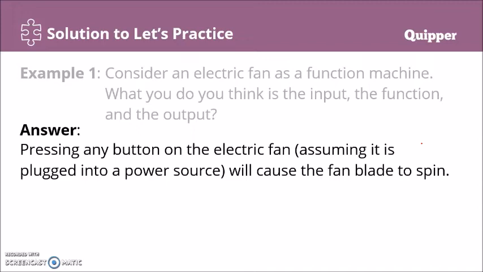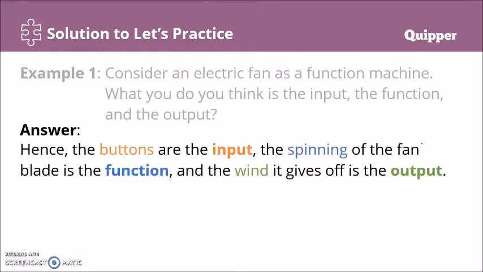We have 0, 1, 2, and 3. Okay? Depending on the levels or the strength that we want for the electric fan. So, the buttons are the input, depending kung anong button ang ipipress mo. The spinning of the fan blade is the function, and the wind it gives off is the output.